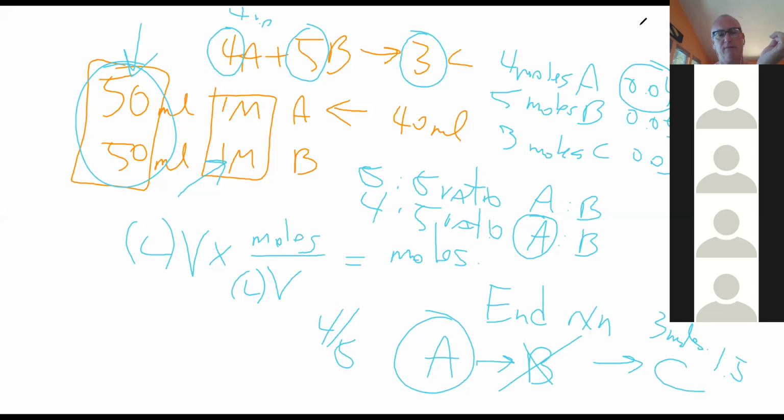No, it would be, would it be? I have to figure that out. So A and B and C. So yeah, we have to think about what the concentration of C would be.